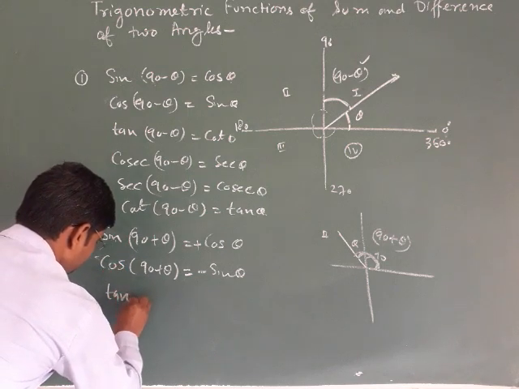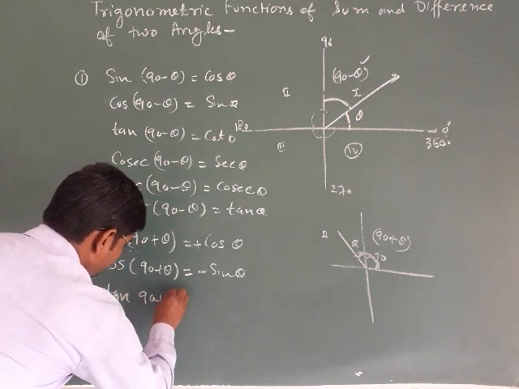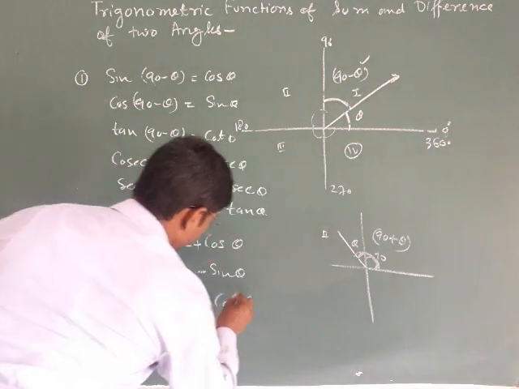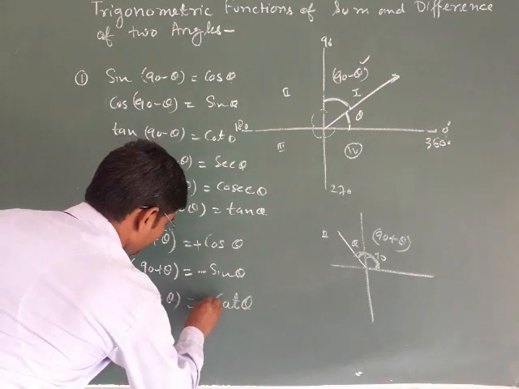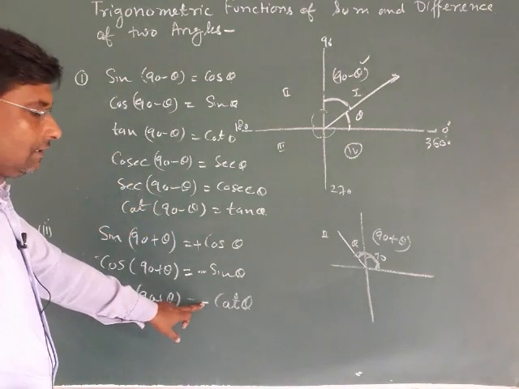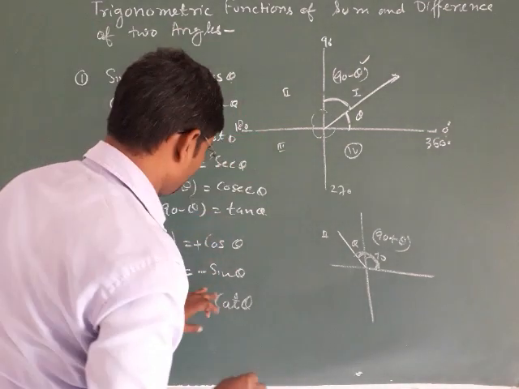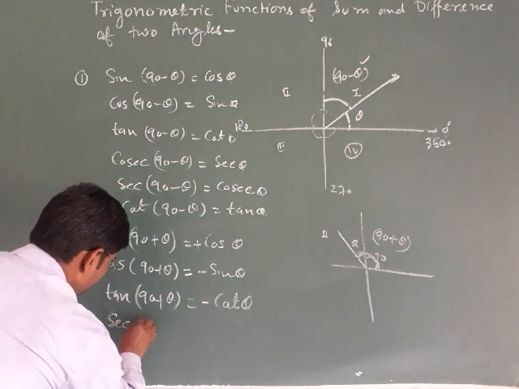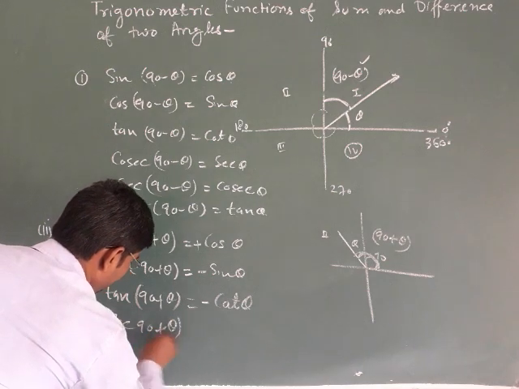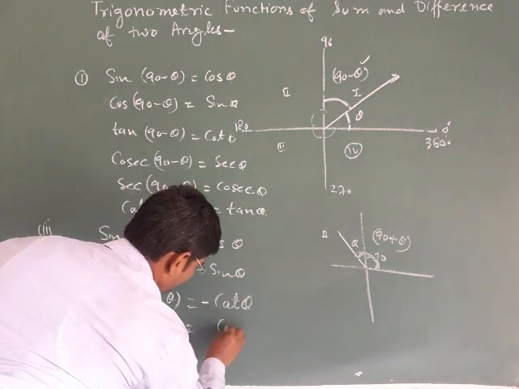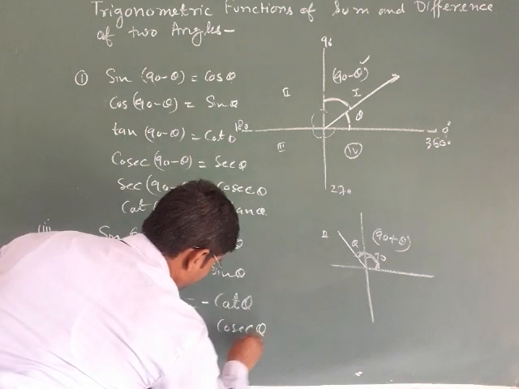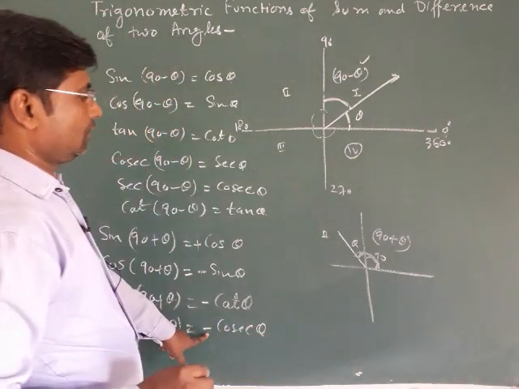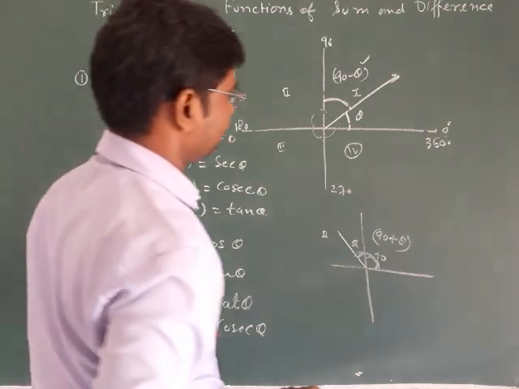Tan of 90 plus theta is equal to minus cot theta. The value of tan is negative in the second quadrant. Sec of 90 plus theta is equal to minus cosec theta. The value of sec is negative in the second quadrant.